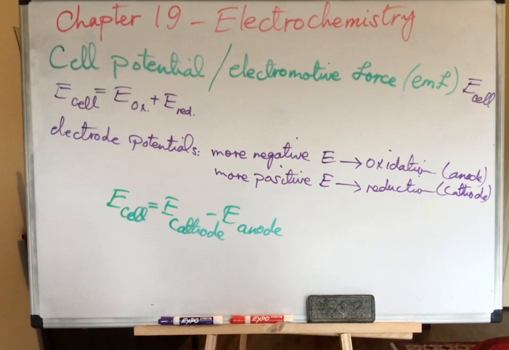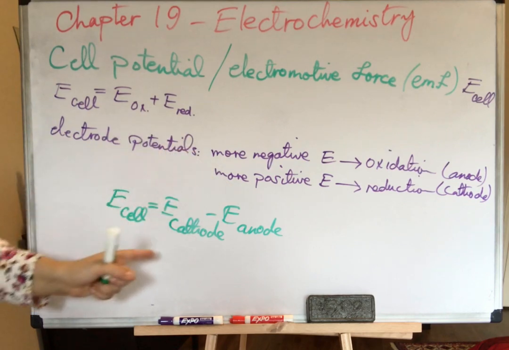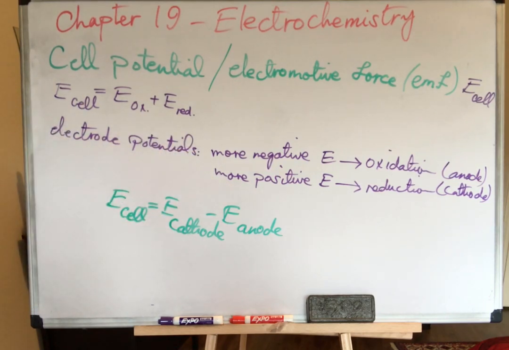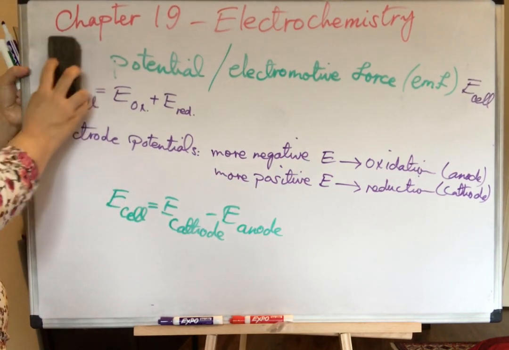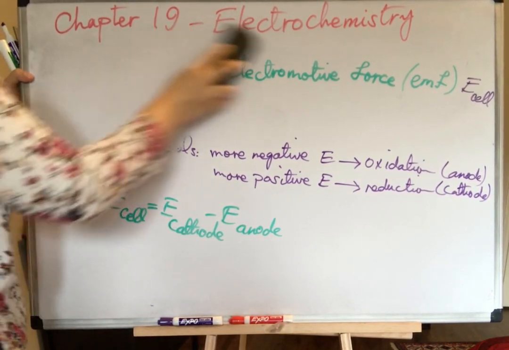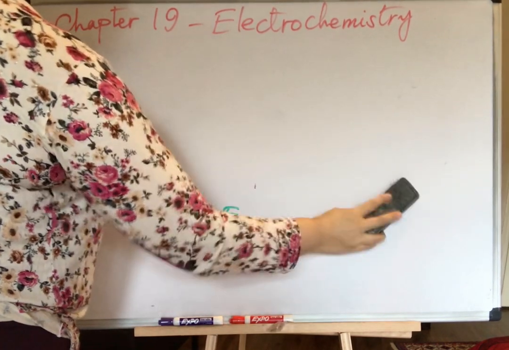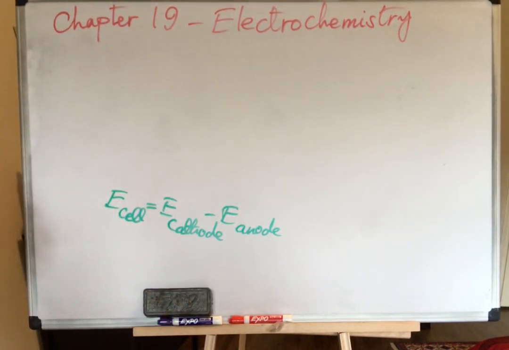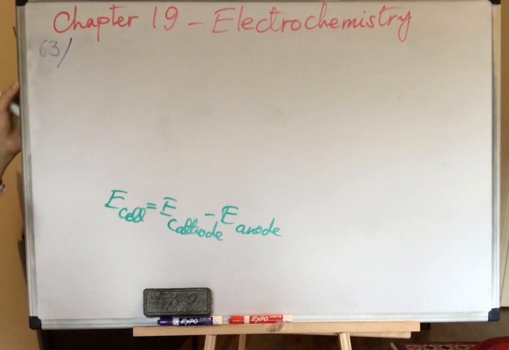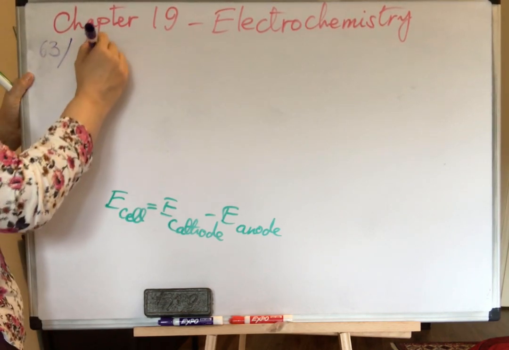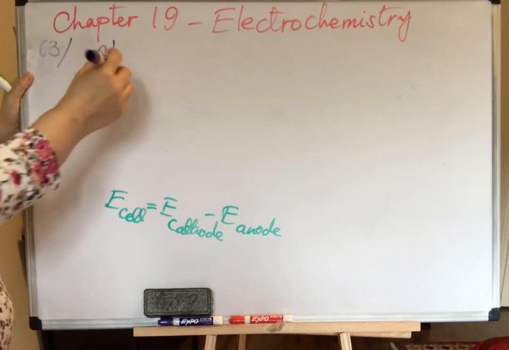Now let's see how we can use this formula and the electrode potentials on that table, slides 60 and 61. The question on slide 63 is talking about this cell notation.